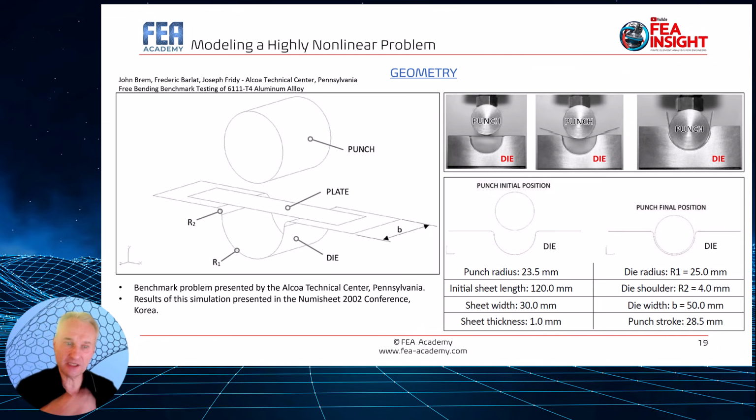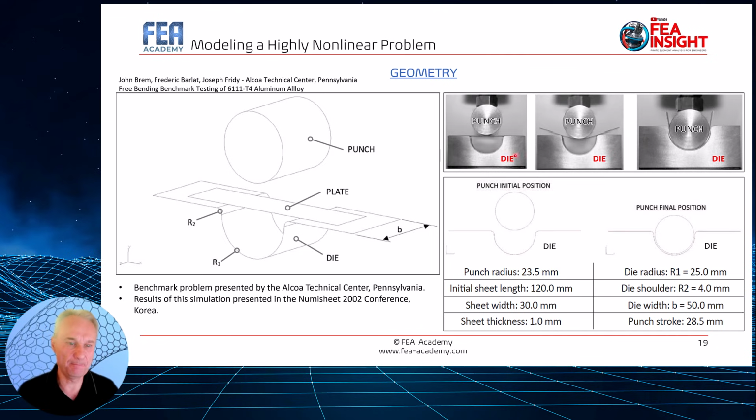So you see here the geometry on the slide. You have a punch, a die, and the plate that you want to form. It is really the geometrical definition of the benchmark problem presented by the Alcoa Technical Center, with the results presented in the NUMISHEET 2002 conference.